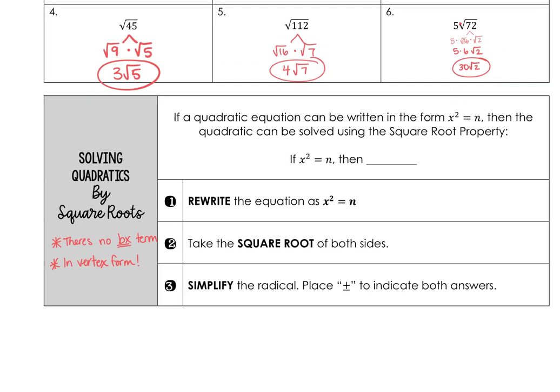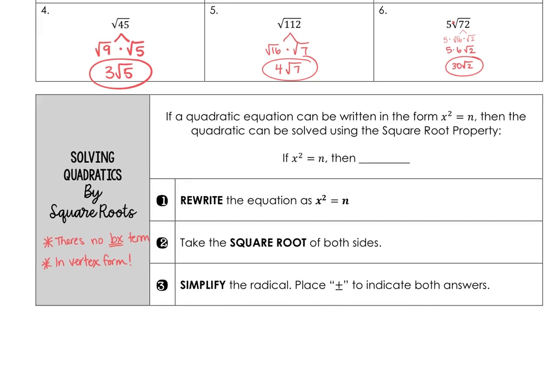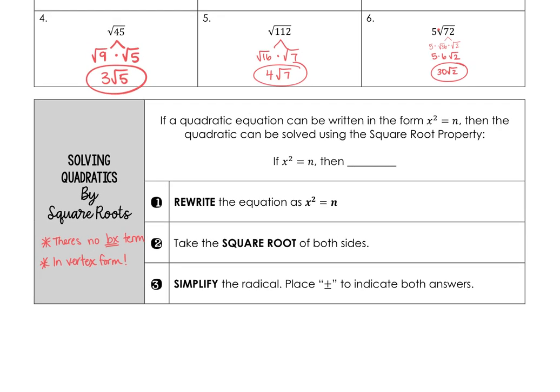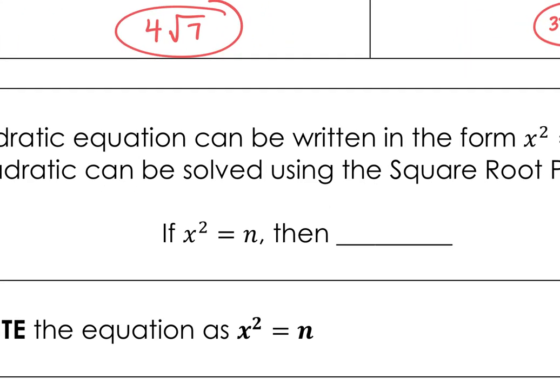So filling in what this property says: if a quadratic equation can be written in the form x squared equals n, whatever that numerical value is, then the quadratic can be solved using the square root property, which says if x squared equals n, then x must equal the positive or negative root of n. So the positive or negative square root of n.